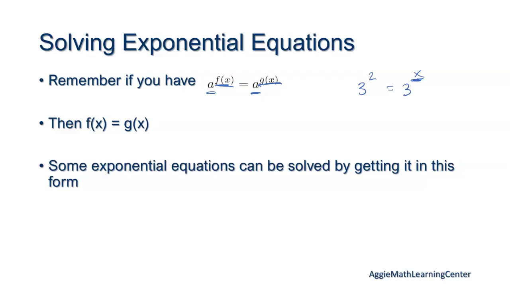Otherwise the whole entire quantity would not be the same. So f of x is equal to g of x if a to the f of x is equal to a to the g of x. Sometimes this is helpful. Instead of taking it to a logarithmic form, you can just recognize that the bases are equivalent.